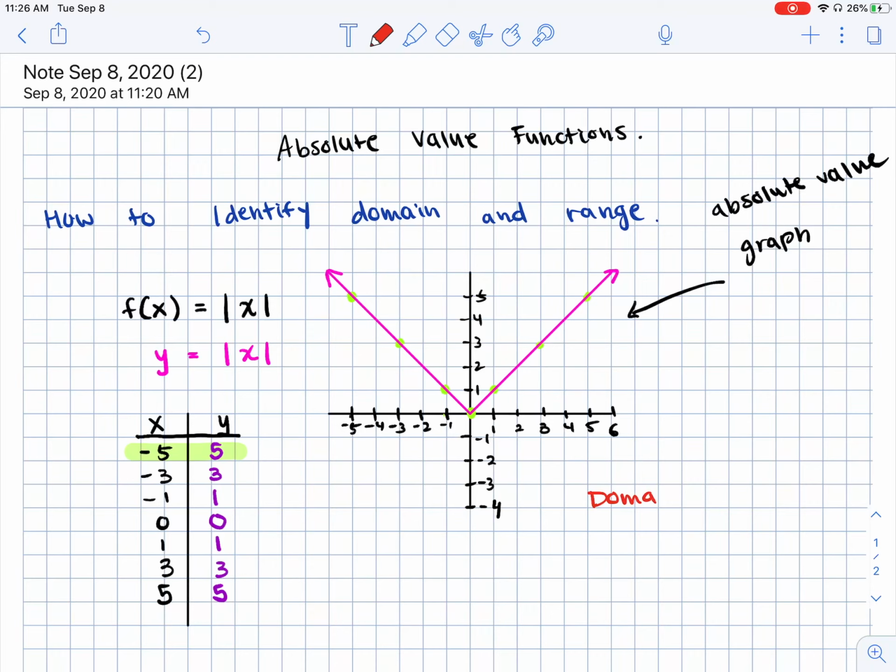So let's first start with domain. Before we identify the domain of this function, we want to know what exactly is domain. So domain is all possible x values. So let me just write that down. All possible x values of this graph. For a coordinate plane, the x values are the numbers going left and right.